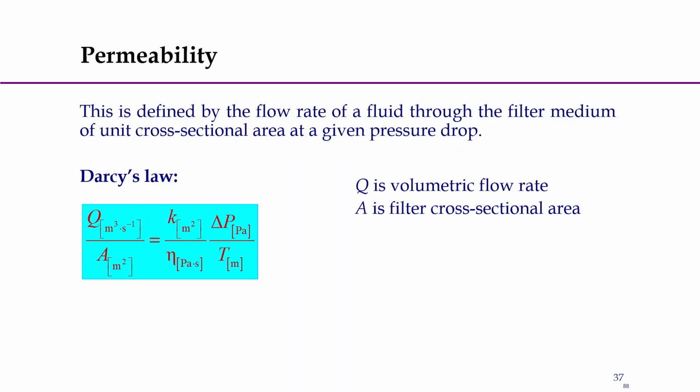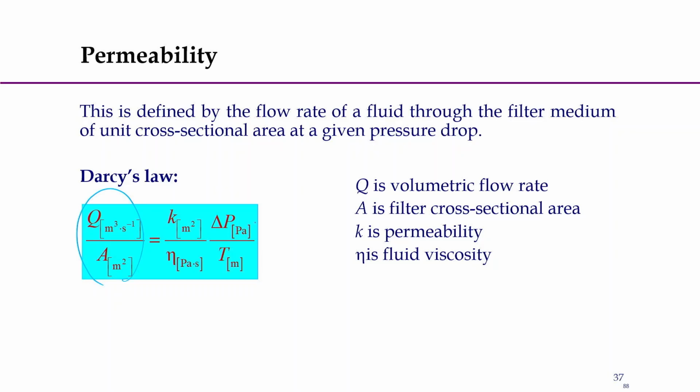A is the filter cross section, so the quantity is cubic meter per second, and the velocity is meter per second. K is the permeability, eta is the fluid viscosity.